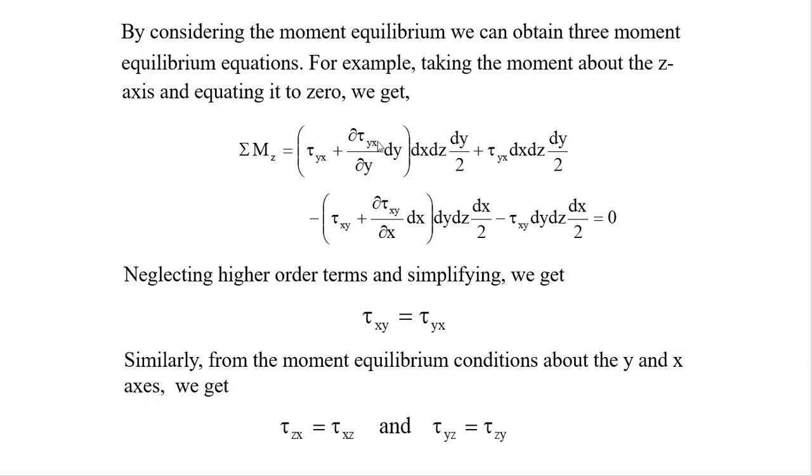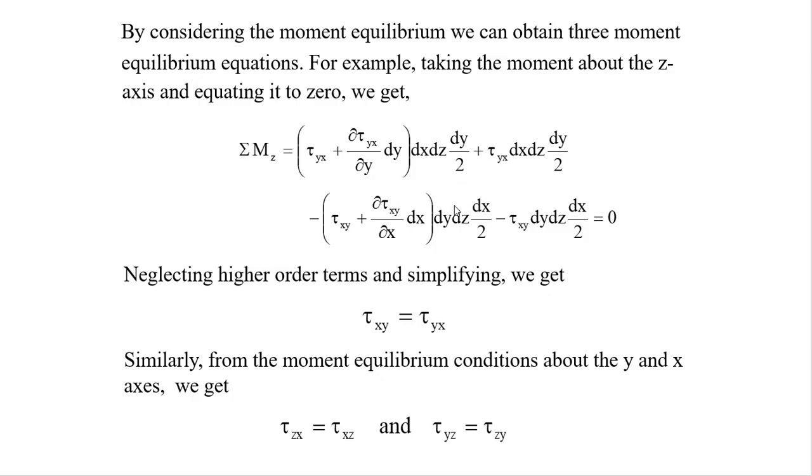There will be force into distance dy by 2, the force acting at a normal distance of dy by 2. Similarly, here the shear force component into distance dx by 2. These are the forces acting about the z axis, moments about the z axis.